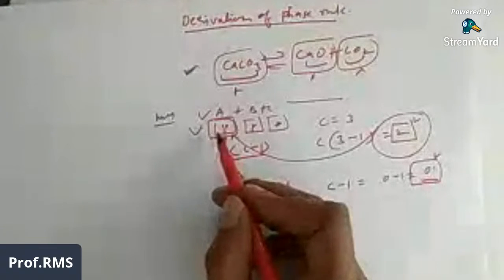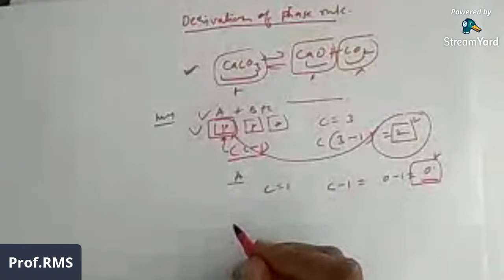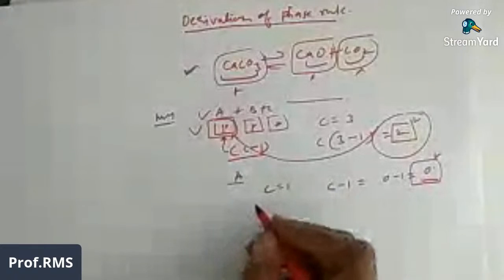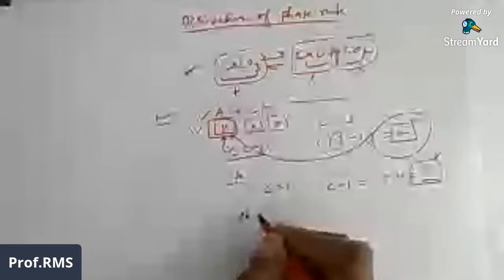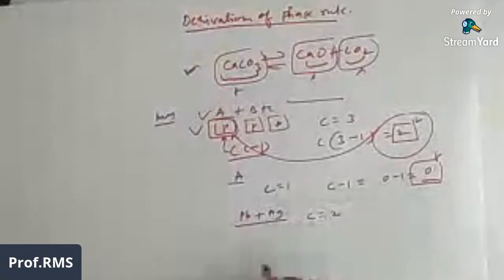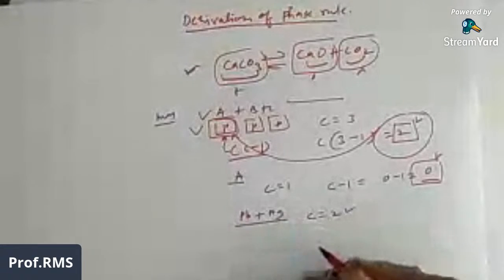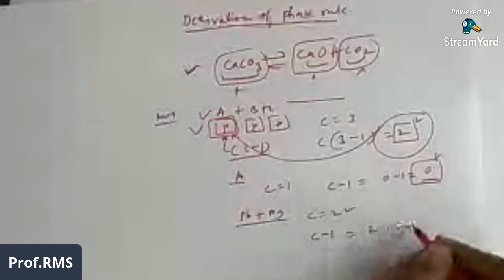If we have a two component system, suppose a system with lead and silver, so we have two components. To determine the concentration, C minus 1, you can write 2 minus 1, therefore 1.